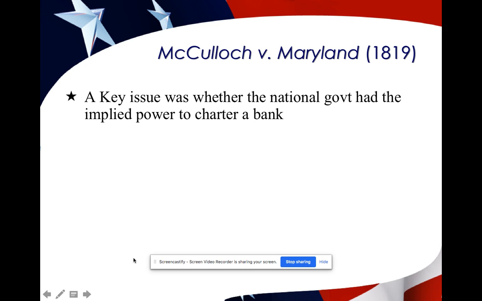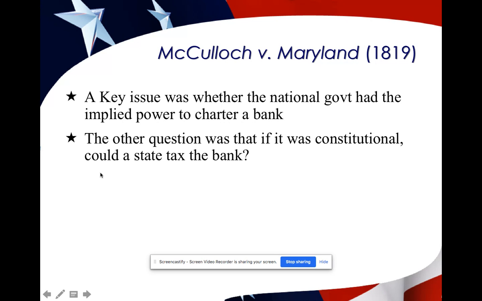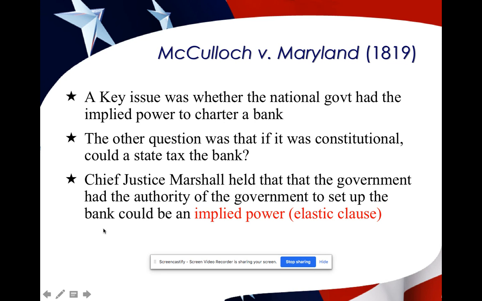So the key issue here, the constitutional question, is whether the national government had the implied power to charter a bank. It's not an enumerated power, we know, because it's not written in, but the national government is arguing this is an implied power, okay? So the other question: could a state tax the bank? Can a state tax the federal government? So two big issues here.